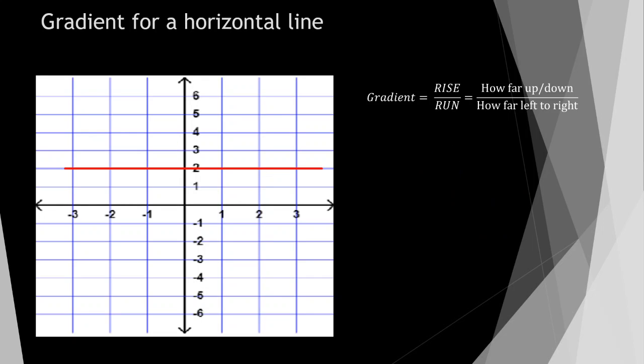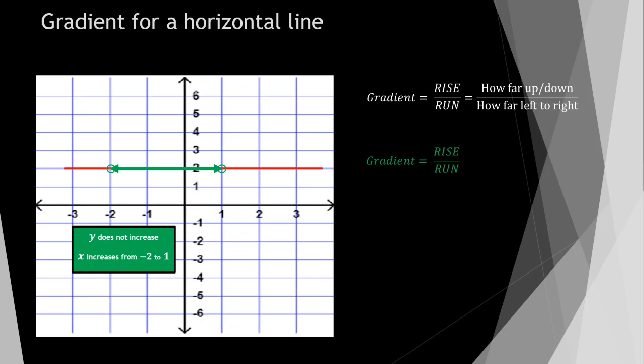Let's do the same thing here for a horizontal line. So let's just pick 2 points. Let's say that this horizontal line has traveled from x equals -2 to 1, but y doesn't increase. Okay, so what does that mean? We can say that our rise over run, well, if y doesn't increase or decrease, we can just say that the rise is 0, and the run, well, we can see that it's taken 3 units to go from -2 to 1.